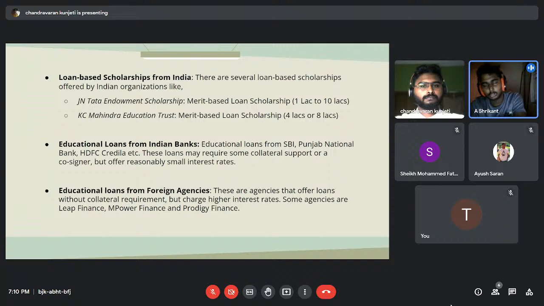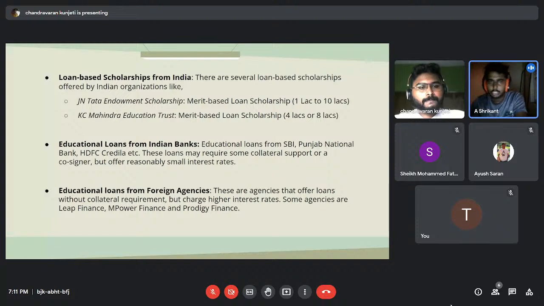They'll give you a loan without interest, if I'm not wrong, and it's merit-based. So you'll mostly have to submit some documents like transcripts. You might even have to submit LORs, etc., to get this scholarship in your hand. And there might be interview processes as well.